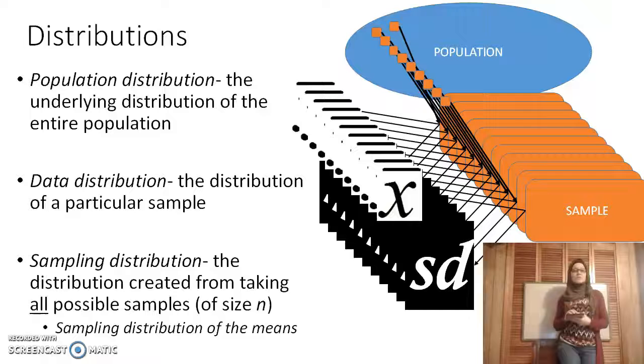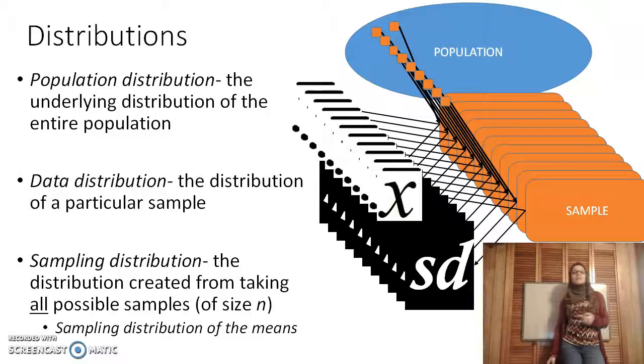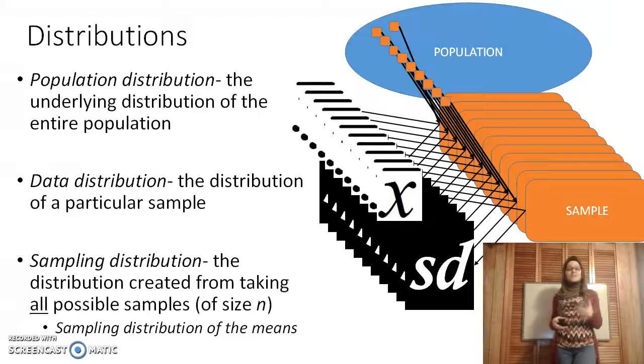Then that's what's called a sampling distribution. So a sampling distribution is a distribution that's created from taking all possible samples of the same size. So everybody goes out and talks to 50 people. None of this works if one person goes out and talks to 10 people, the other one talks to 25, and another one talks to 50. The sampling distribution has to be created of samples of all the same size.